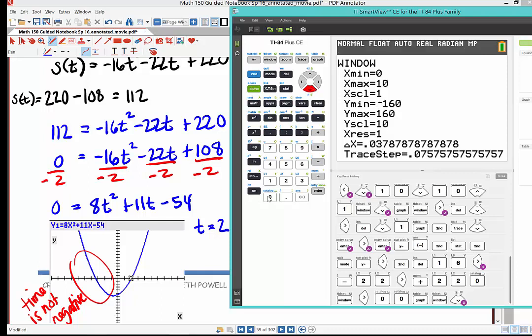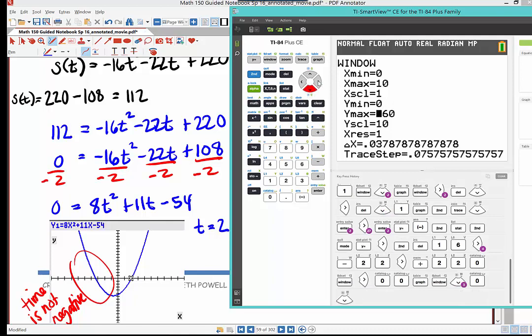And actually, when you drop below the x-axis, it won't make sense, right? Because it'll hit the ground at the zero of the function. So let's do that, and let's go up a little bit more and see what that looks like.